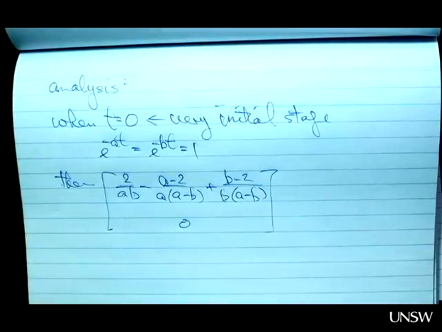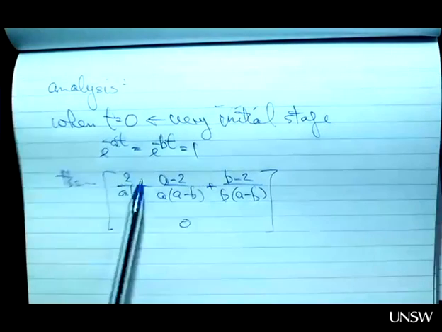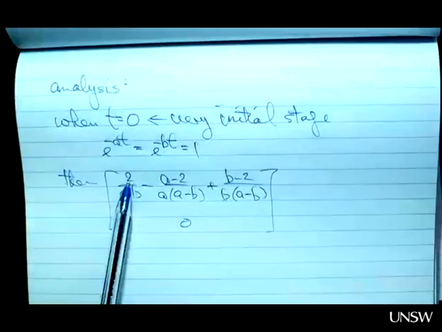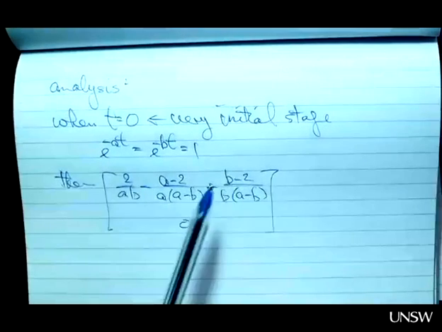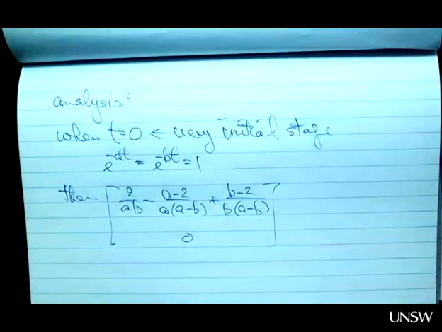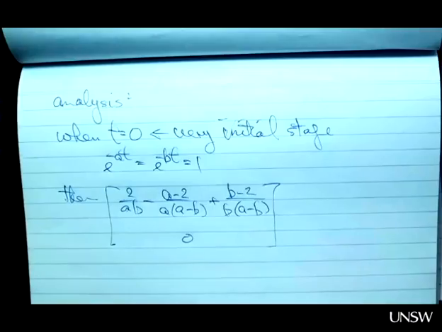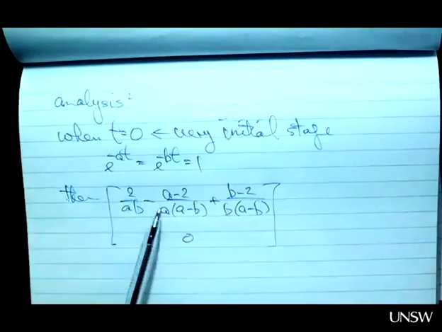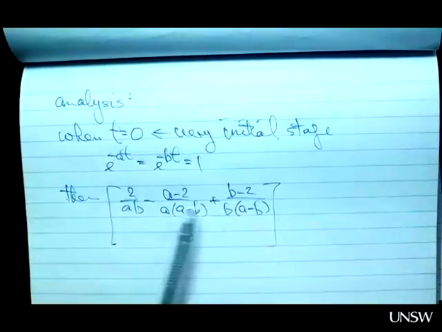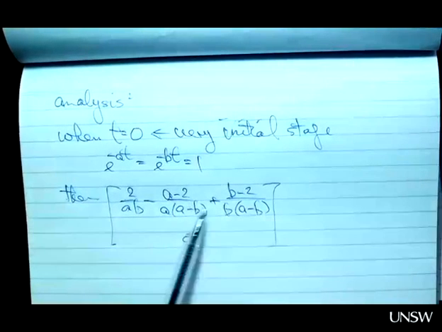And then if we work on this, the first row, okay, we can see that the a minus b are common for the second and third term, and then if we multiply them together, we have the ab term.